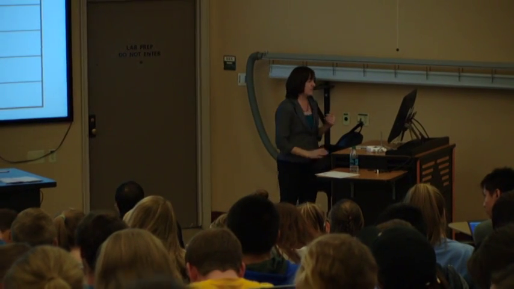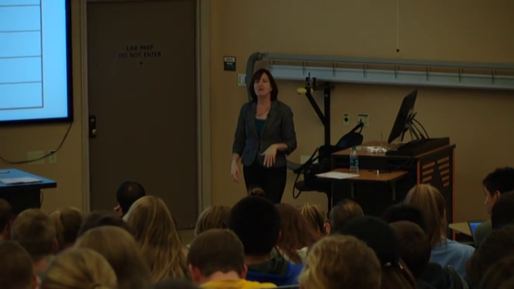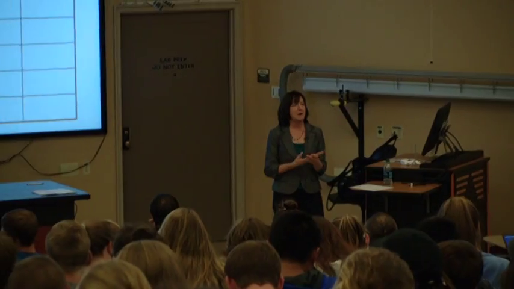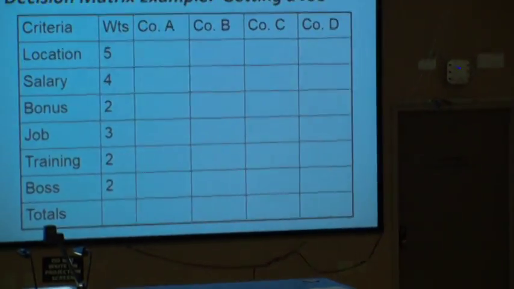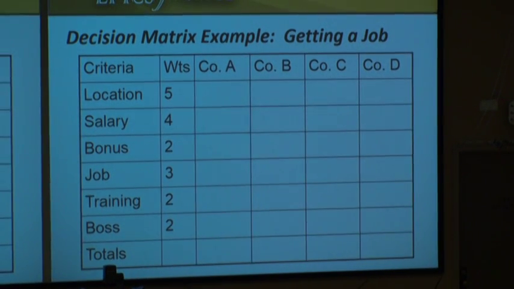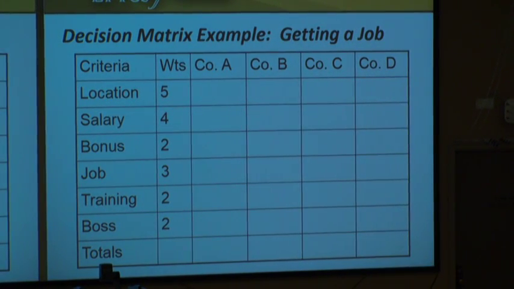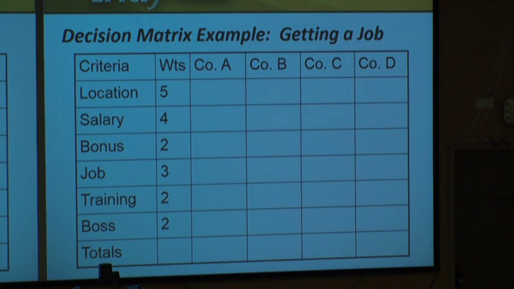So an example of this: say you've got job offers from 4 different companies. You told them about your work in EPICS, and they were so excited about what you were learning that you got 4 job offers, and you're trying to figure out which one you should choose.